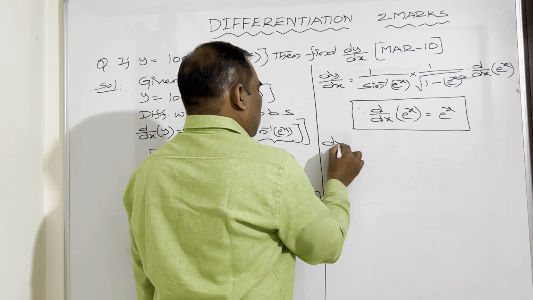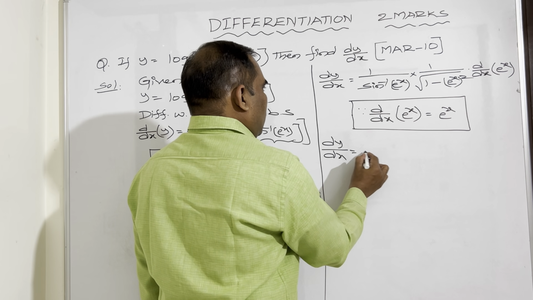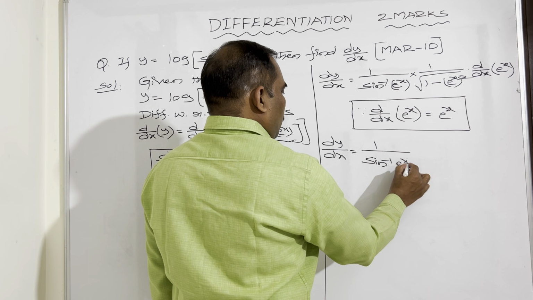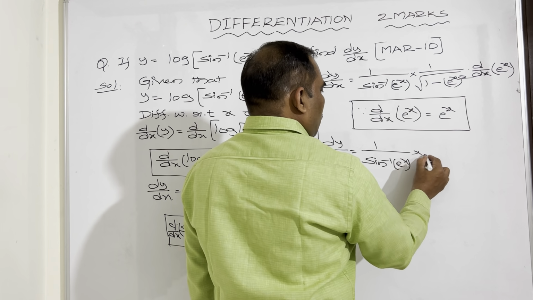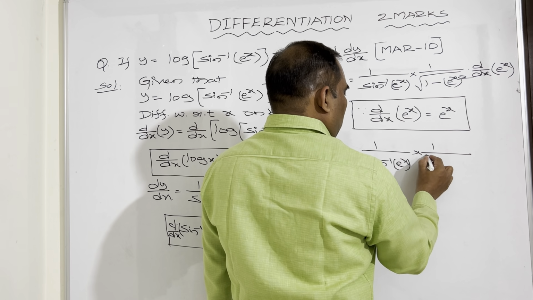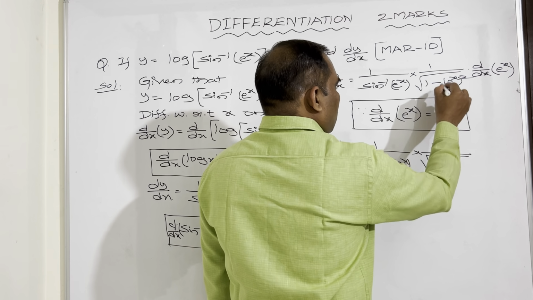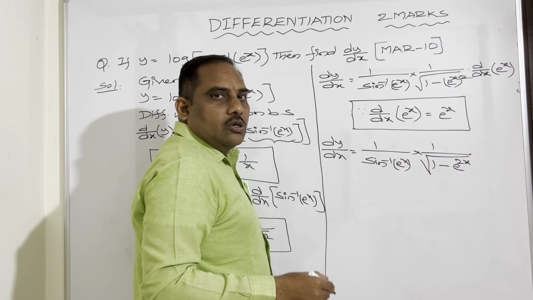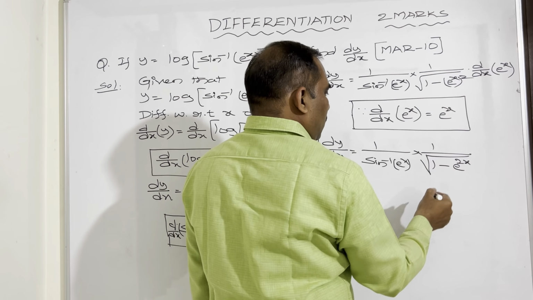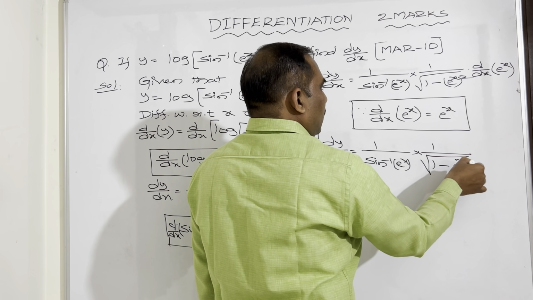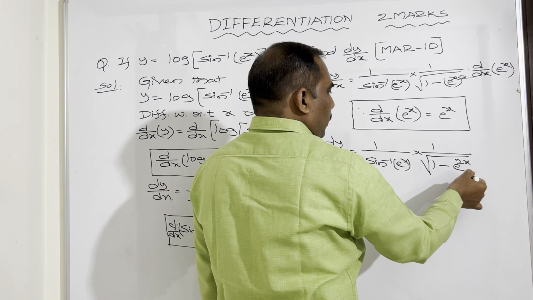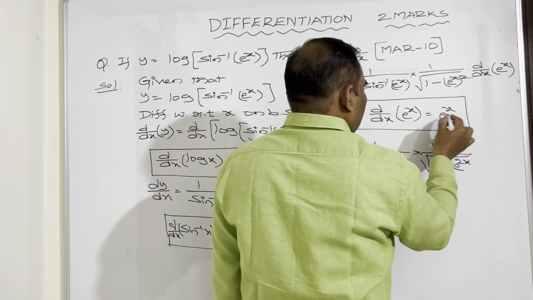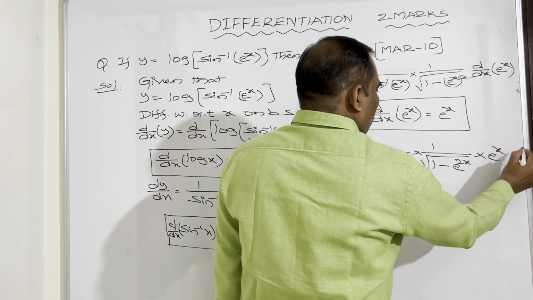So we can write dy by dx is equal to 1 by sine inverse of e to the power of x into 1 by root over 1 minus e to the power of x whole square, which is nothing but e power 2x, like a to the power of m whole to the power of n is a power mn. So 1 minus e to the power of x whole square is e power 2x. And again the derivative of e power x, as per this formula, into e to the power of x.